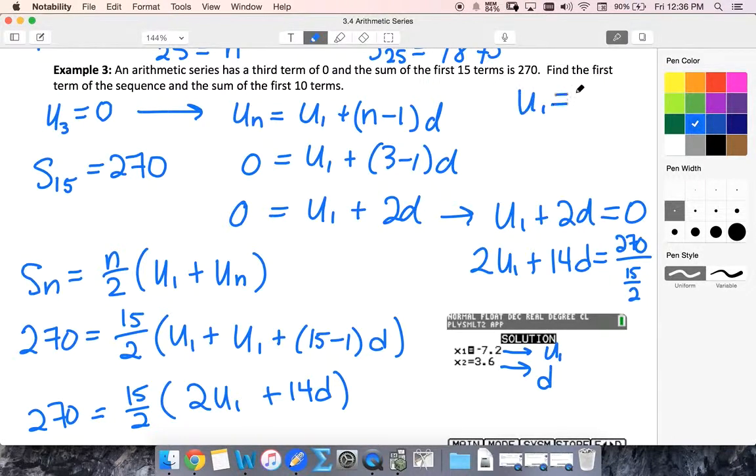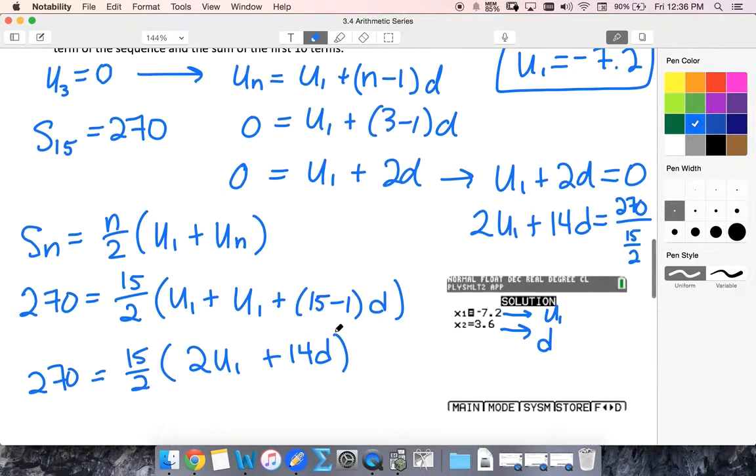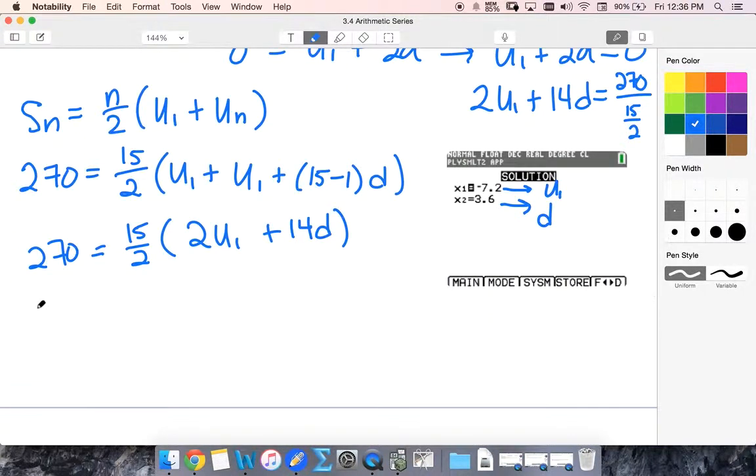So U1 is negative 7.2. And now it says to find the sum of the first 10 terms. Well, I need the 10th term first. The 10th term is U1 plus 10 minus 1 times the d value.